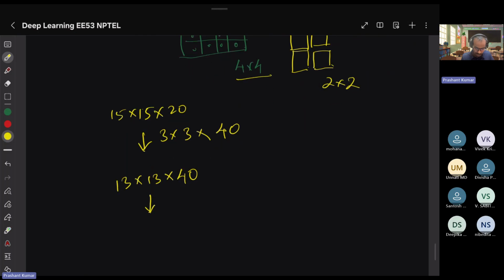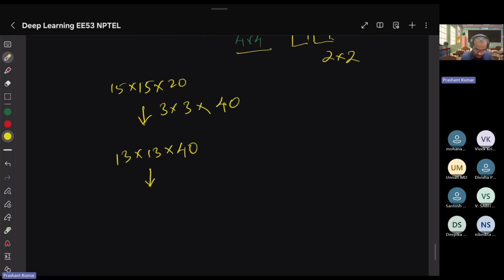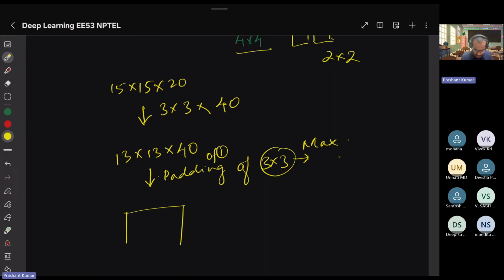And then, if you do padding of 1 with 3 cross 3 and a stride of 3 cross 3 max pooling, it will become something like 5 cross 5 cross 40, right? It will become 15, and then if you take 3 by 3, it will become 5 by 5, right? Understandable? One question: 15 to 13 I understood, but how did 20 become 40?